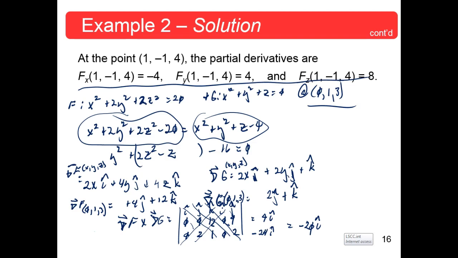So the direction numbers are minus 20. I'm sorry, when you factor out the minus 20, the direction number is 1. So a set of parametric equations for the tangent line passing through that point is x equals t, and then y is equal to 1.